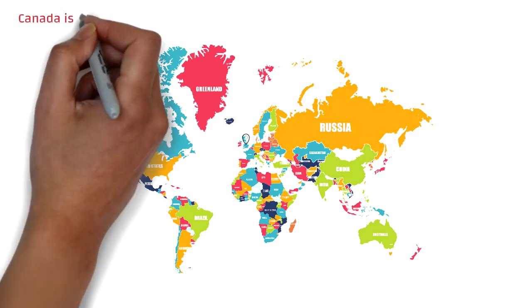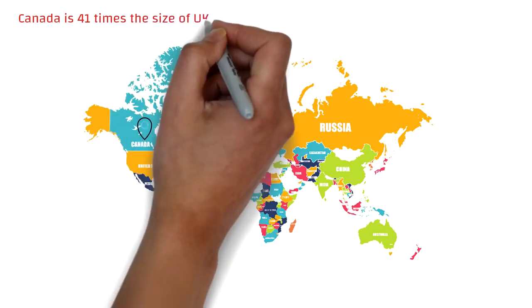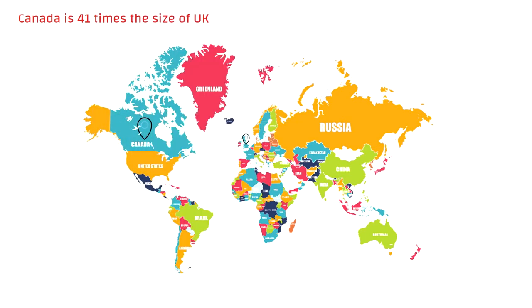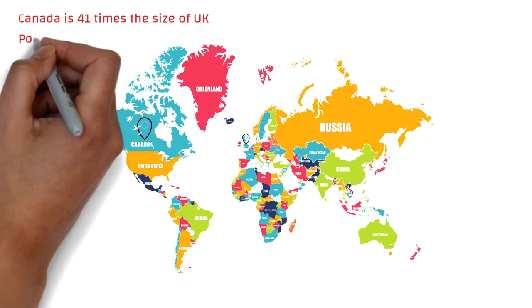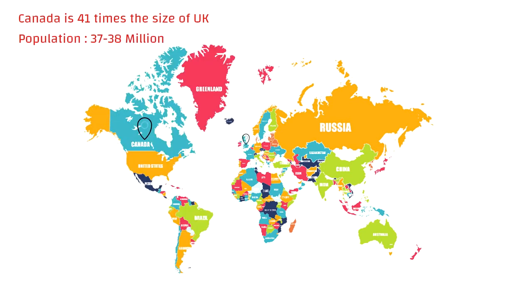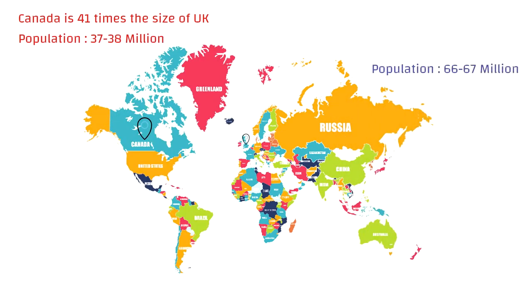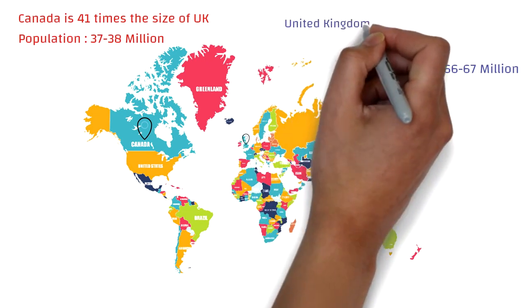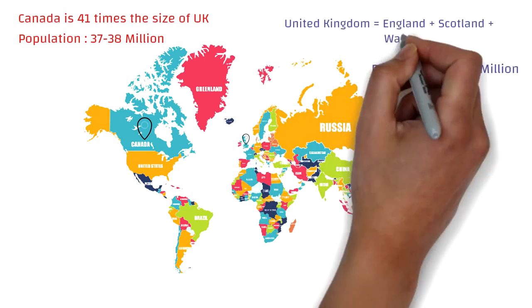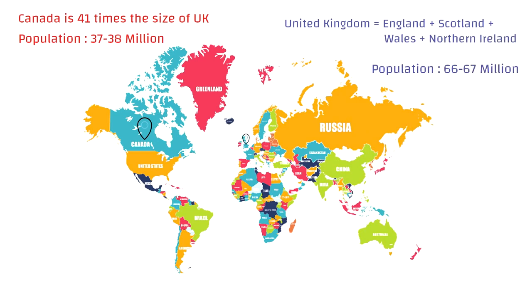Actually Canada is 41 times the size of UK. But it's very interesting that its population is close to half of UK. Population of Canada is around 37 to 38 million, while of UK it's around 66 to 67 million. When we say UK, we mean United Kingdom, which obviously means England, Scotland, Wales and Northern Ireland.